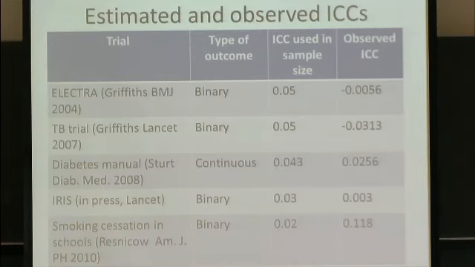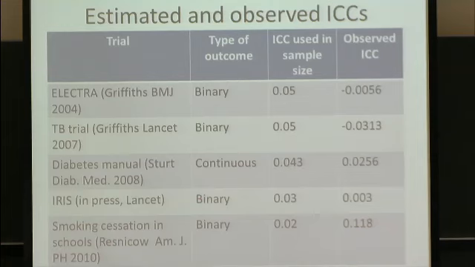And you can see for those top 4, and honestly, I just picked them out, not deliberately, that the ICC we used in the sample size was in all cases considerably larger than the observed ICC. I've got no explanation for that, but that is in fact what happened.